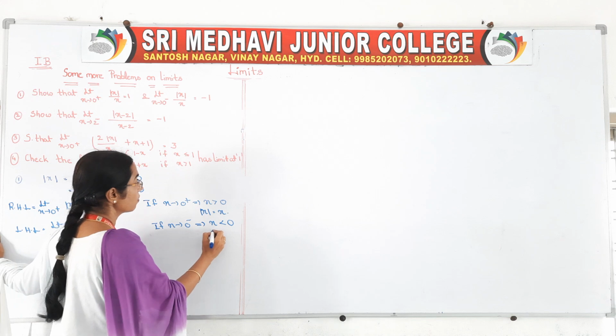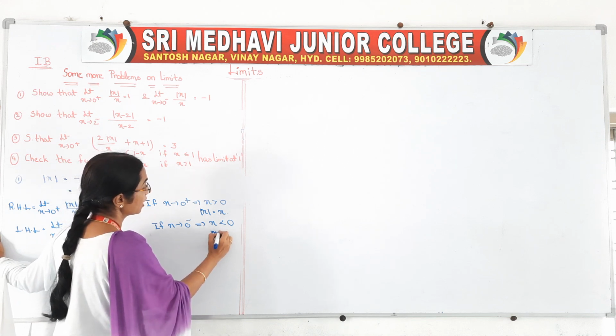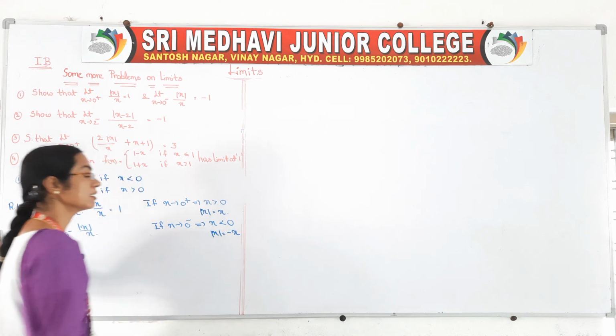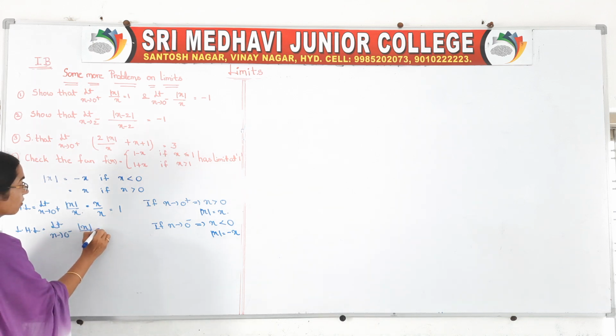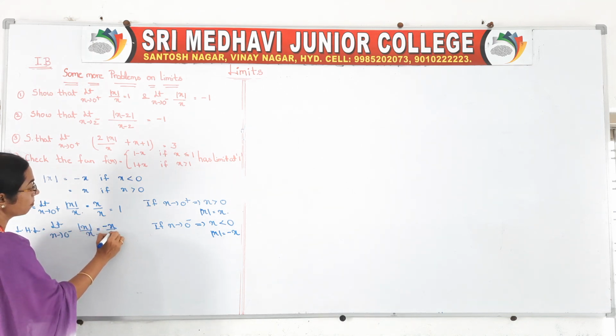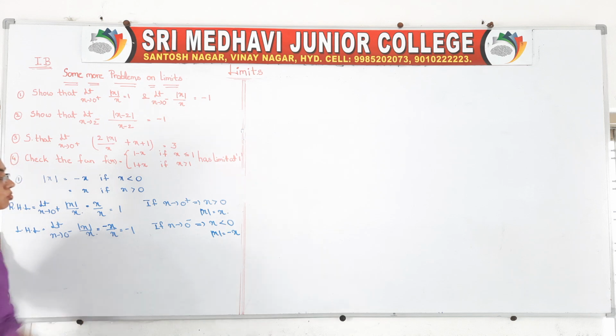Then what is your mod x? Mod x is equal to minus x. So it is minus x by x, which is equal to minus 1. So your right hand limit is not equal to the left hand limit.